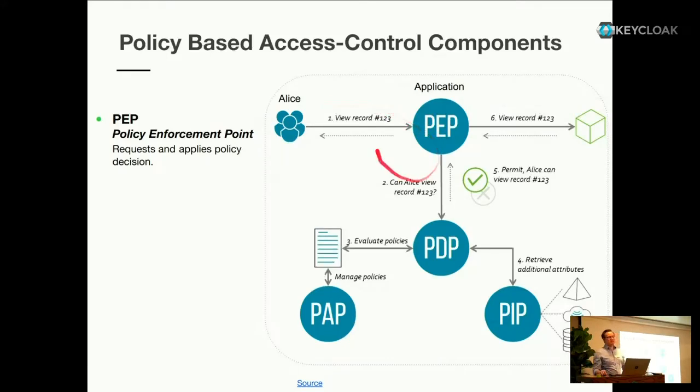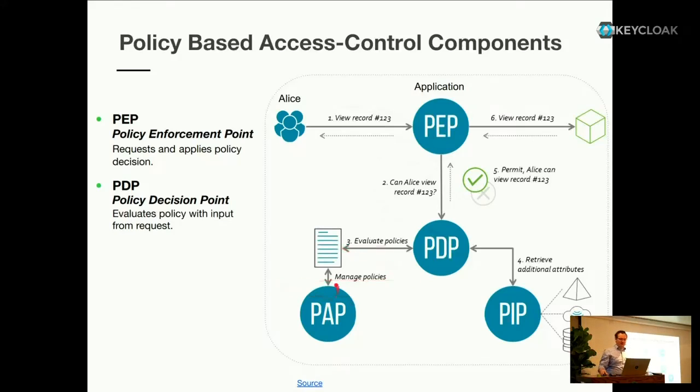The access query usually contains the identity, the operation that the user wants to perform, and the resource, the target of the operation. All this is then sent to another component called a PDP, a policy decision point, which contains some logic in the form of policies, like a set of rules, that is responsible for deciding, based upon the data from the access query and maybe some additional data, whether access should be allowed or not.